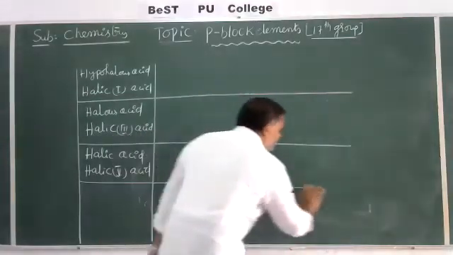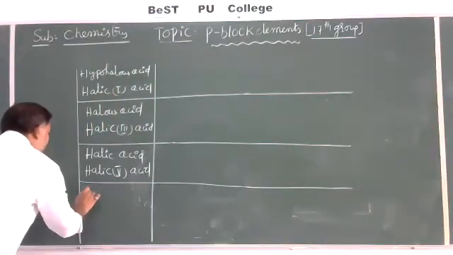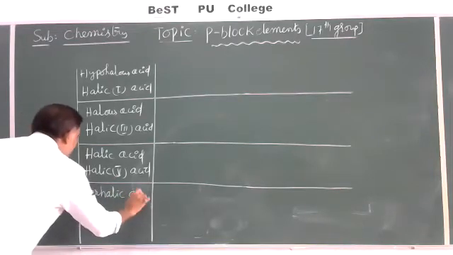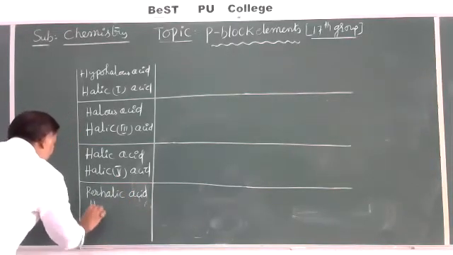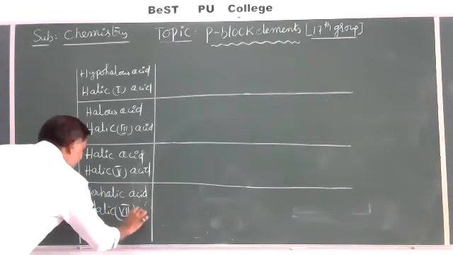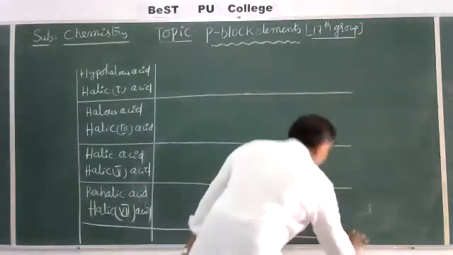Now the fourth type is perhalic acid. This is also called halic 7 acid. This is one important table created.